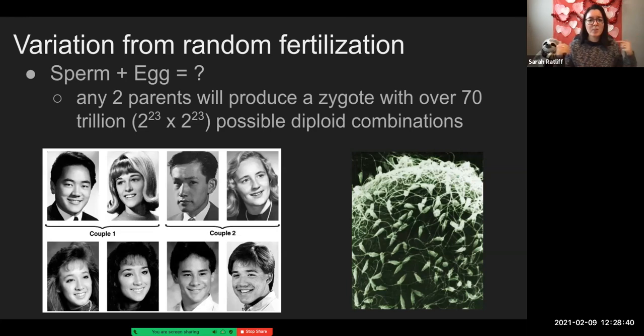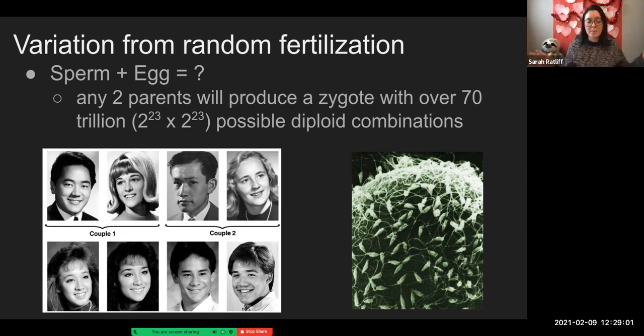But multiply those together, there are over 70 trillion possibilities of these combinations between just an egg and a sperm. We don't know which egg is going to come out from the ovary. We don't know which sperm is going to come out of the testicle. Random egg, random sperm.